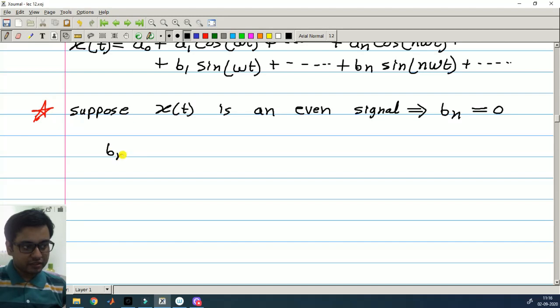So bn we know is equal to x(t) sine n omega t integrated over a complete period.